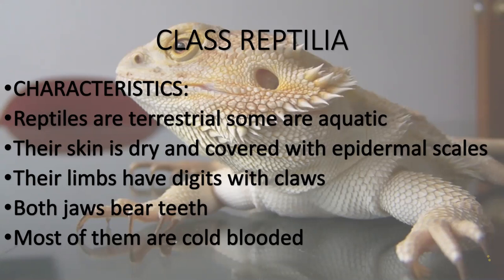But what is the major difference between amphibians and reptiles? The amphibian passes its early stage in water and then the adult stage on land, while the reptiles pass their early stage on land and then in the adult age they come to the water.